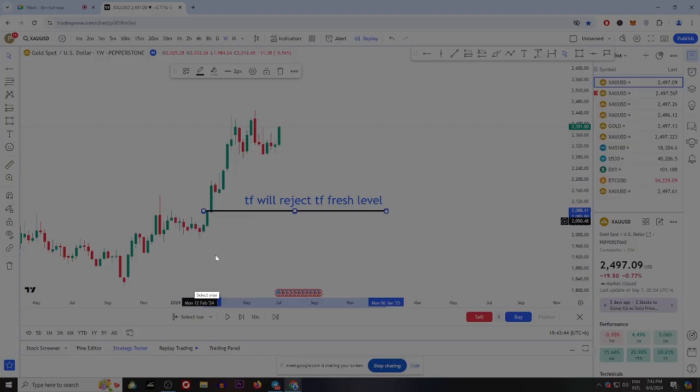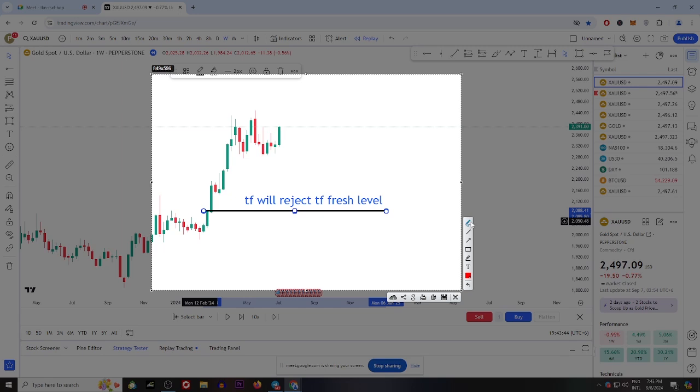Now, when we talk about the SNR, we call it an A level when a green and red candle form it, and a V level when a red and green candle form it, right? Secondly, this is the open and close area. We call it an open close or OC SNR, or gap SNR.